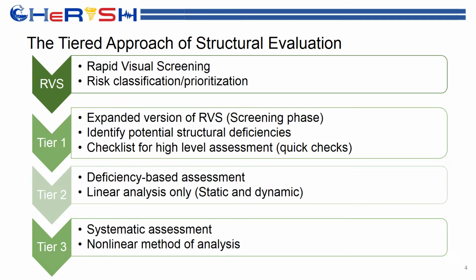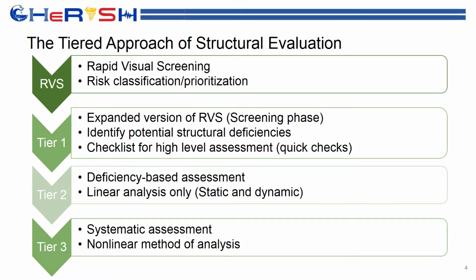And Tier 2 analysis, as now defined in ASCE 41-13 and 17, is more of a deficiency-based type of analysis, meaning we will only focus on evaluating defects and deficiencies identified in the Tier 1 assessment without looking at the overall global performance of the building. So that is why it is focused on solving the structural deficiencies identified in the Tier 1 analysis.